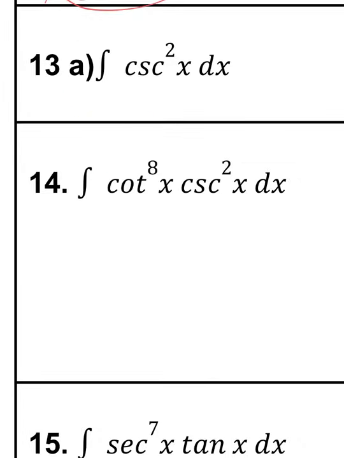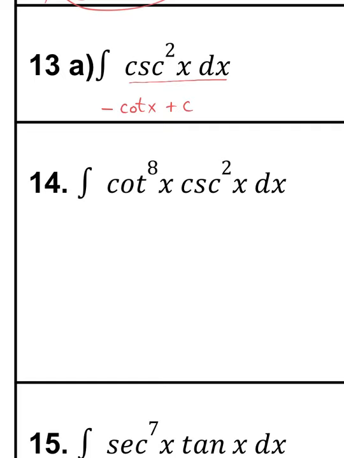Number 13, hopefully you recognize this from your derivative flashcards. There is a trig function whose derivative is cosecant squared of x. If you remember, the derivative of the cotangent is negative cosecant squared of x. So the antiderivative of cosecant squared of x would be negative cotangent of x plus c.